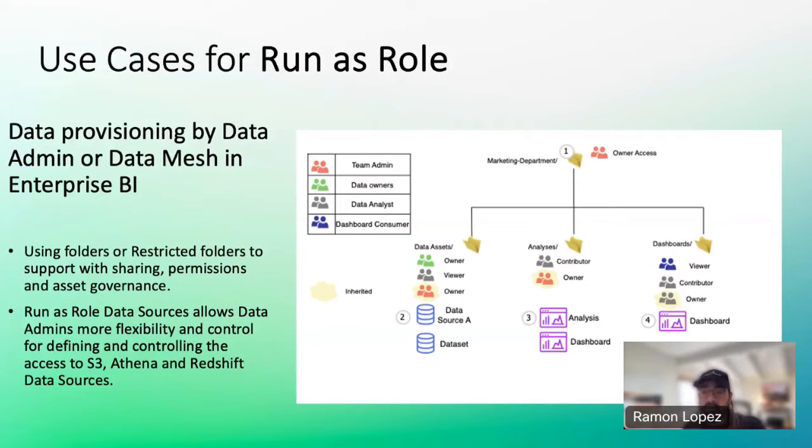From there, you have analysts that are free to work on this data. They can start by creating a data set. This data set can live in the same data assets folder or in a different folder. Then from this data set, analysts can create different analyses, ultimately publishing them to a dashboard.